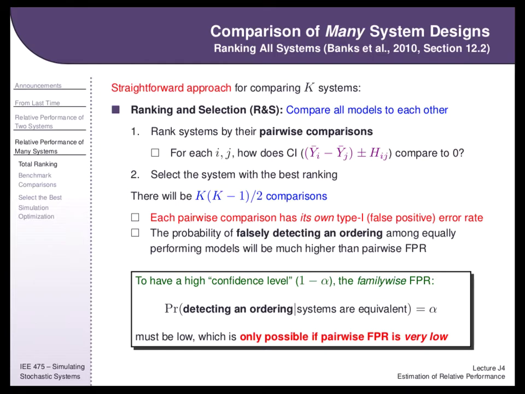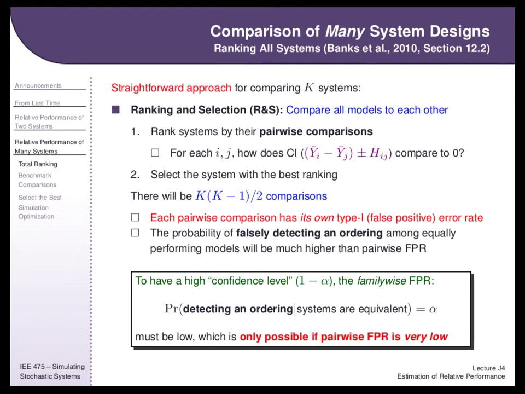You calculate a pairwise confidence interval, compare it to 0, and then based on whether 0 falls in that interval or not, or what side of it falls on, you rank within that pair one greater than the other. And then from those, you can hopefully get a rough ranking of those different model systems together. The problem with that is that every one of those confidence intervals has a false positive rate.